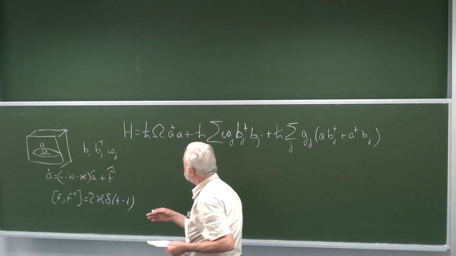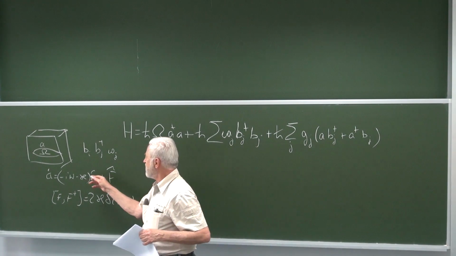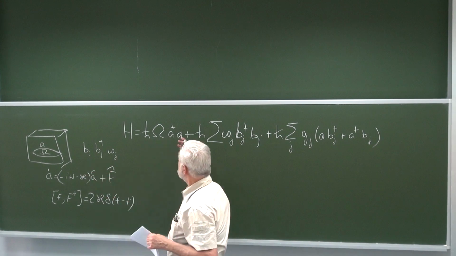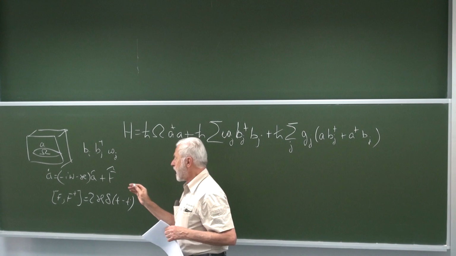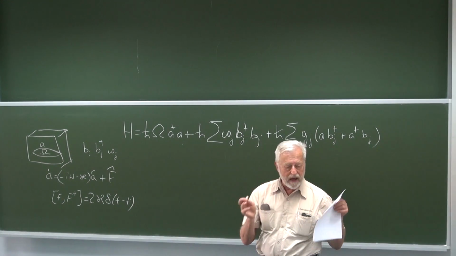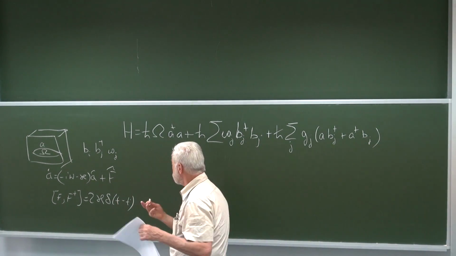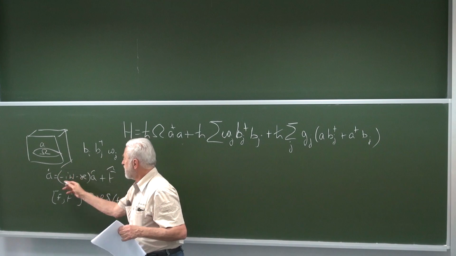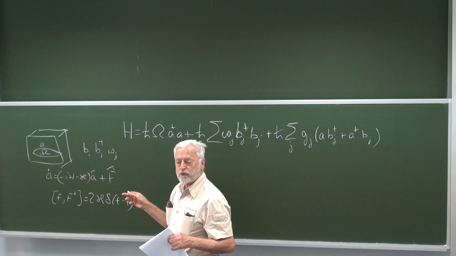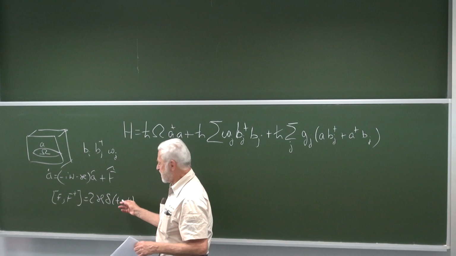I also briefly sketched the derivation of this Heisenberg equation, starting from this Hamiltonian. As you remember, I invoked the Laplace domain and the single pole approximation, and in this approximation the equation takes this form, but it's not completely trivial to get the delta.